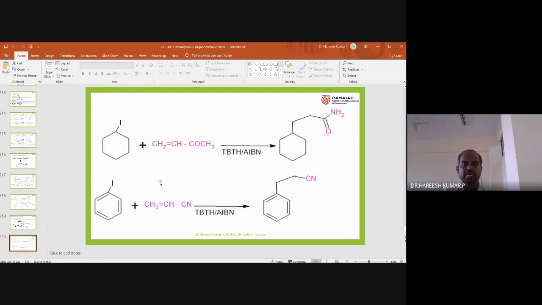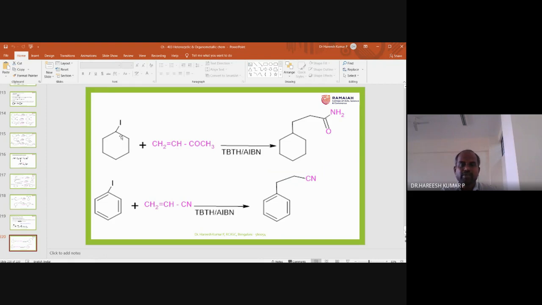So these are a few examples I am discussing. You can observe that this is cyclohexyl iodide. Cyclohexyl iodide, when it is reacting with, what is the name of this compound? This group is vinyl. Okay, vinyl methyl ketone. What will happen here? TBTH and AIBN. TBTH means tributyl tin hydride.